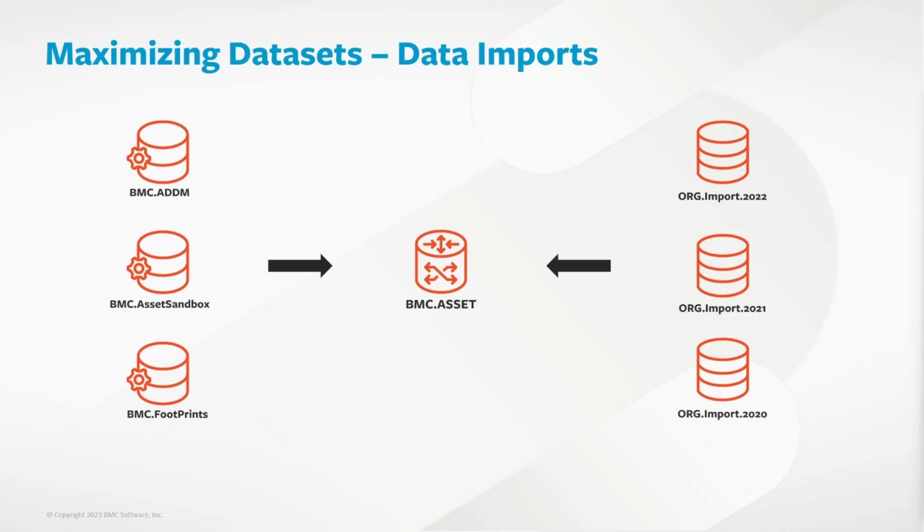What makes this uniquely important is that each one of these would require its own job, its own reconciliation, normalization jobs. And on top of that, they're going to have different data entered in them each year versus ADDM and versus Footprints. And of course, Discovery and client management and even asset management in some instances, those are going to have many different types of unique identifiers.